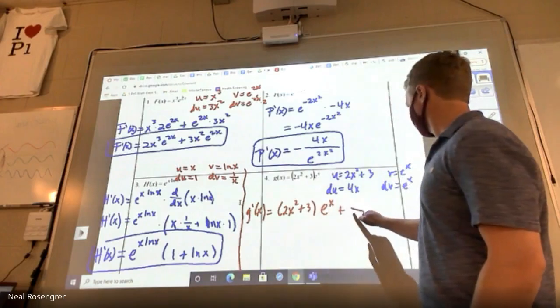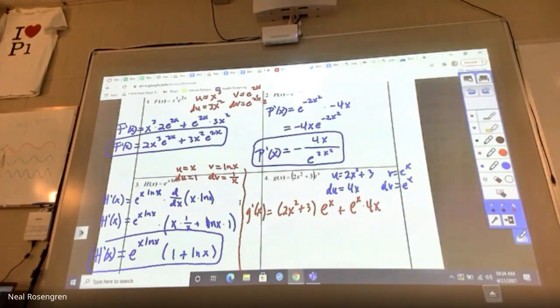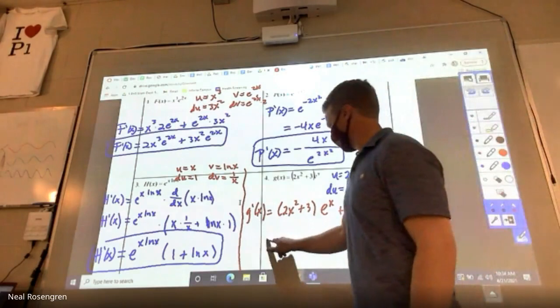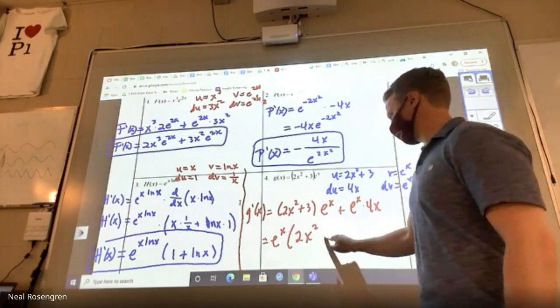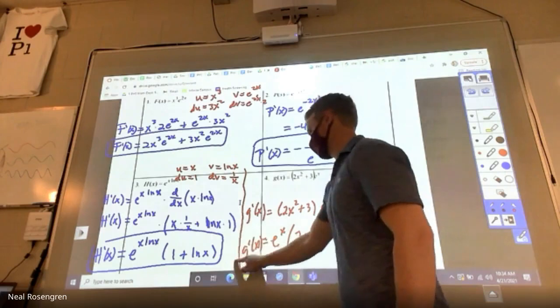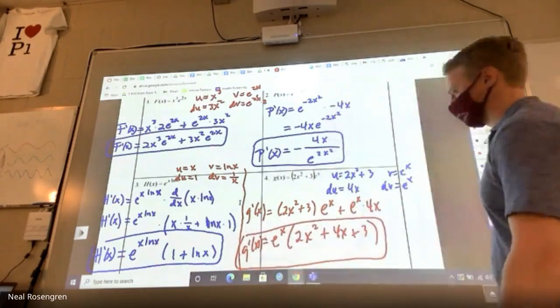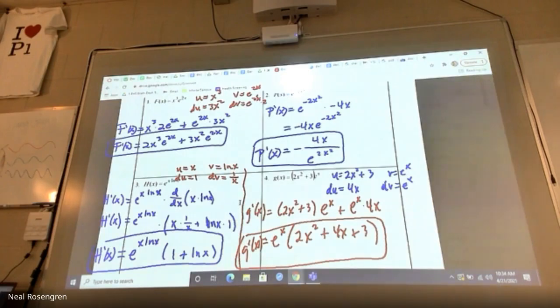Make that a little nicer. Let's factor out e to the x. Put the rest in standard form. How about that? I like that. You could just multiply, write it out. That's cool too. I noticed the e to the x in common everywhere, and then what's left over is kind of nice. But again, lots of different okay versions here.